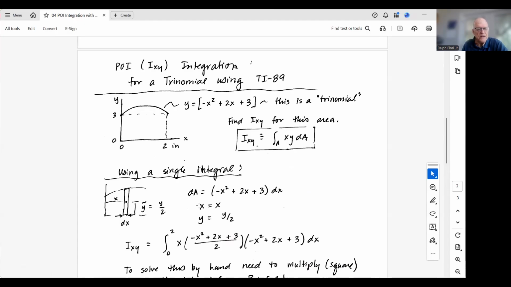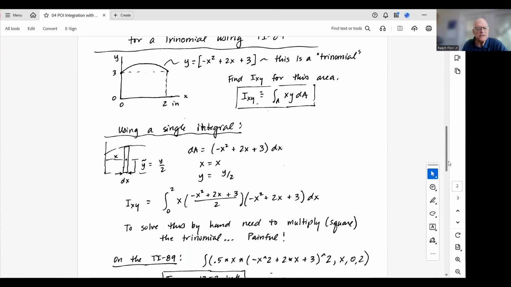The height of it is y, which is negative x squared plus 2x plus 3. x tilde is x, and y tilde is equal to y over 2. So if you set this up as a single integral, we're going to integrate on x from 0 to 2. Our x tilde is x, our y tilde is this function divided by 2, and then our dA is this function times dx.